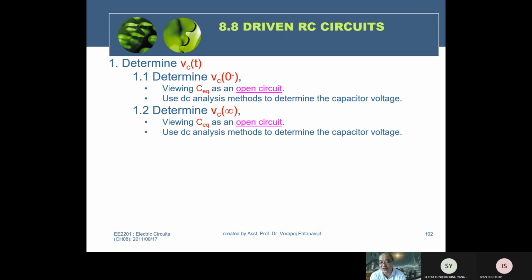Okay, at time equal to infinity, you can see the capacitor as an open circuit, and use the DC analysis method to determine the capacitor voltage.